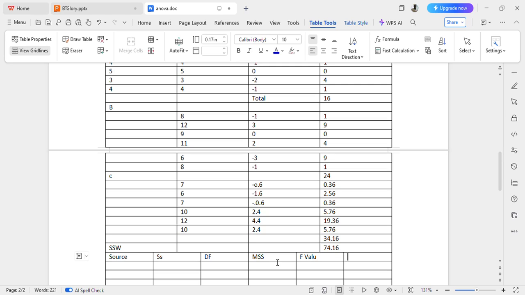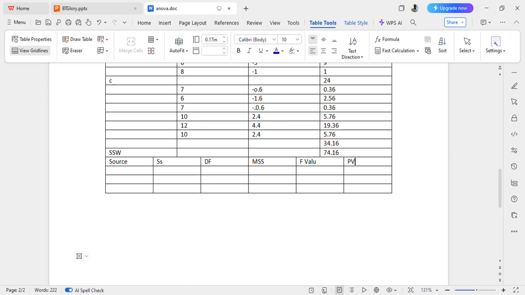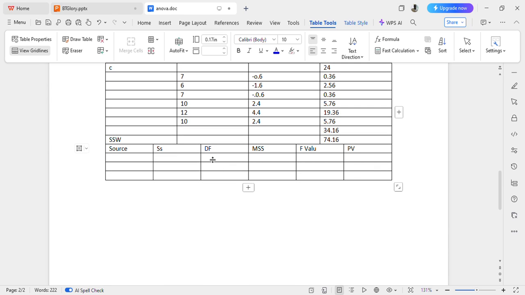So can we apply this? So we have source, between groups and within groups.